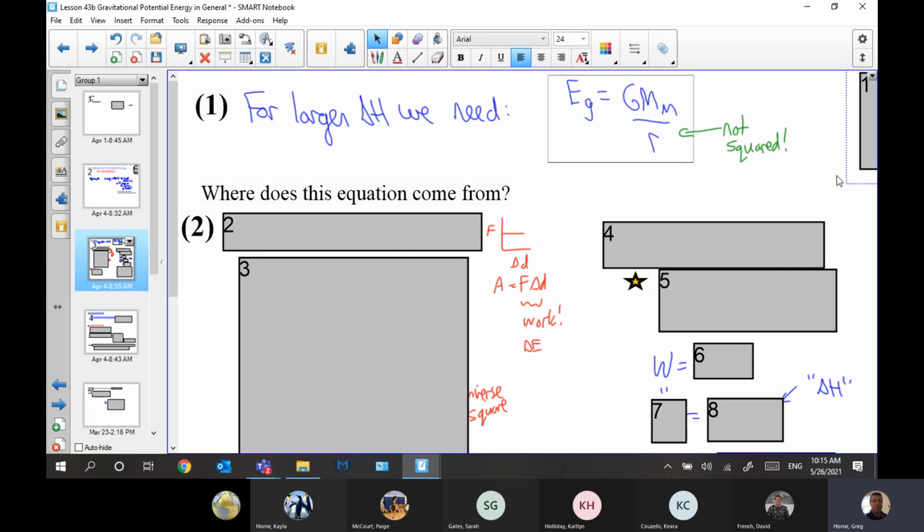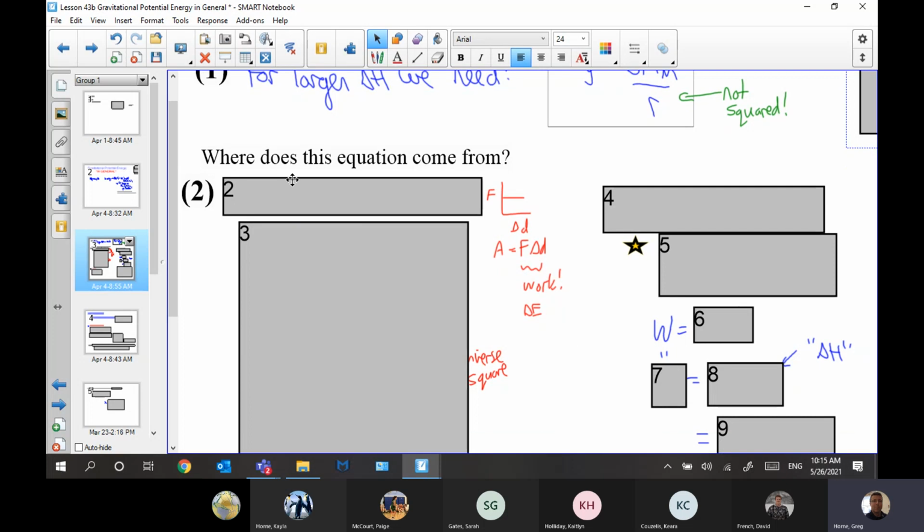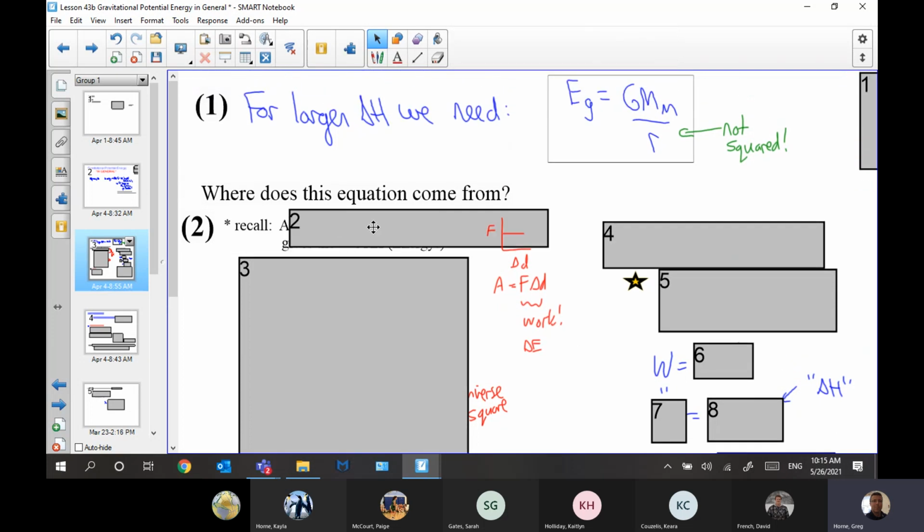Okay. So this page kind of talks about where it comes from, but the issue is, of course, that we remember the area under the force-displacement graph gives the work done, right? So if we had a constant force over a distance or displacement, then you get work done.